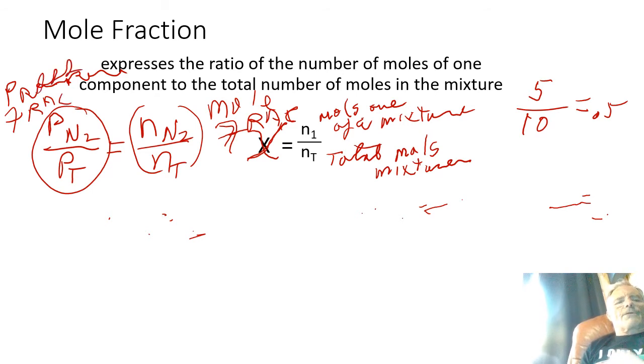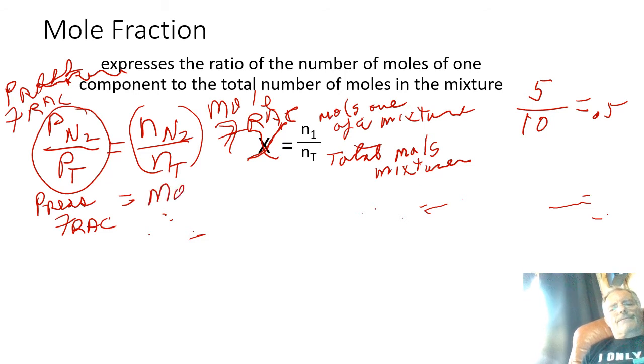Pressure fraction. And so what we can say is the pressure fraction, pressure frac, is equal to the mole frac. I know I make funny F's. All right, so pressure fraction is equal to the mole fraction.